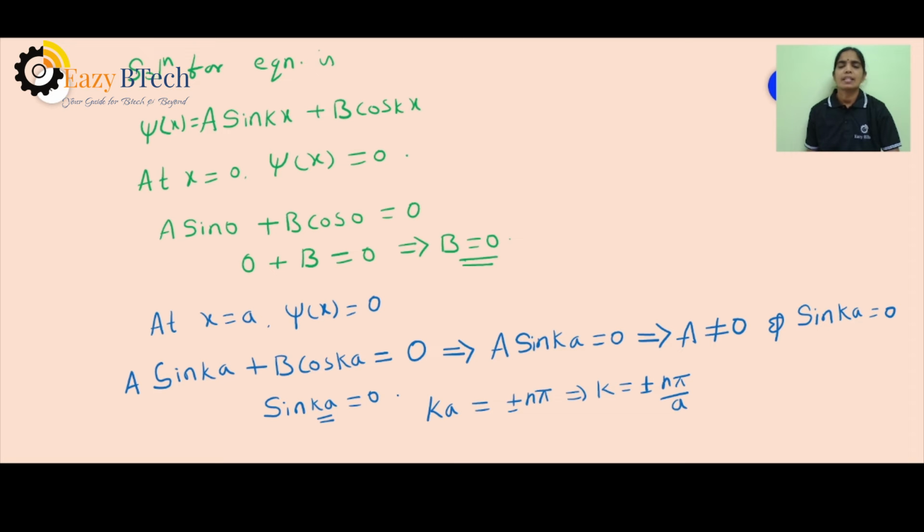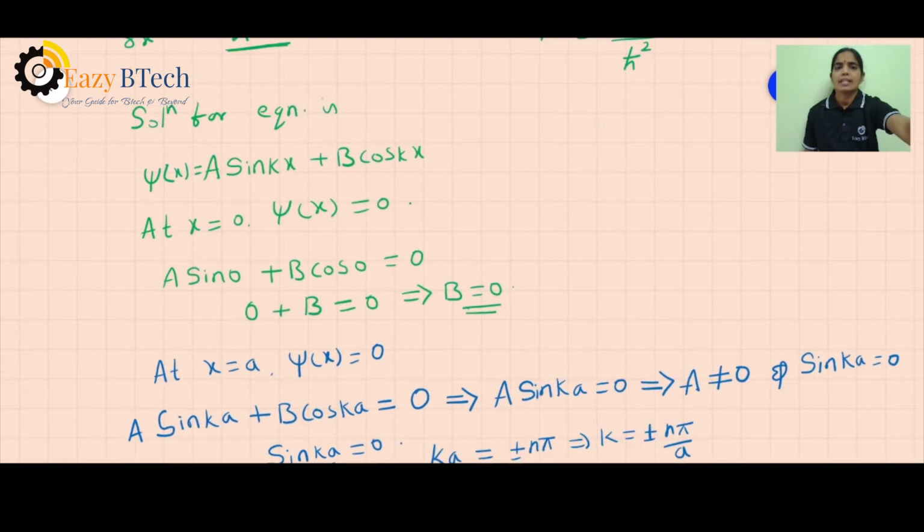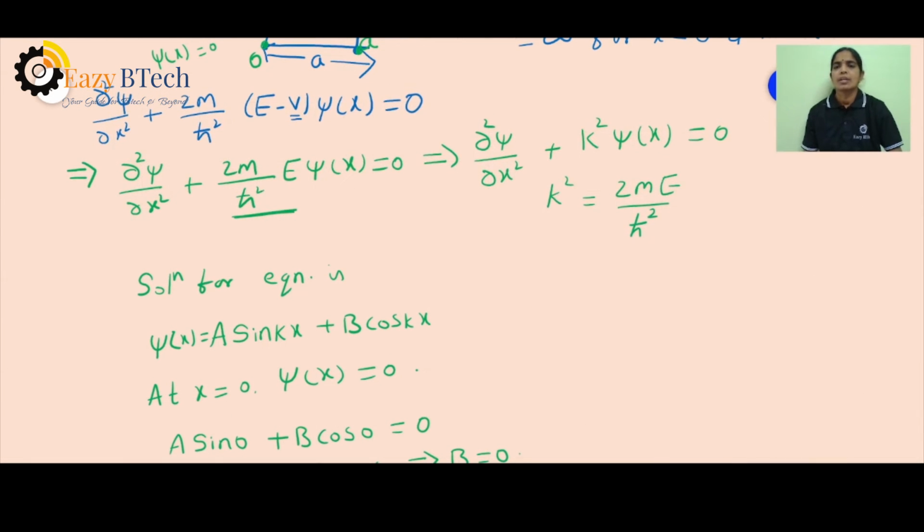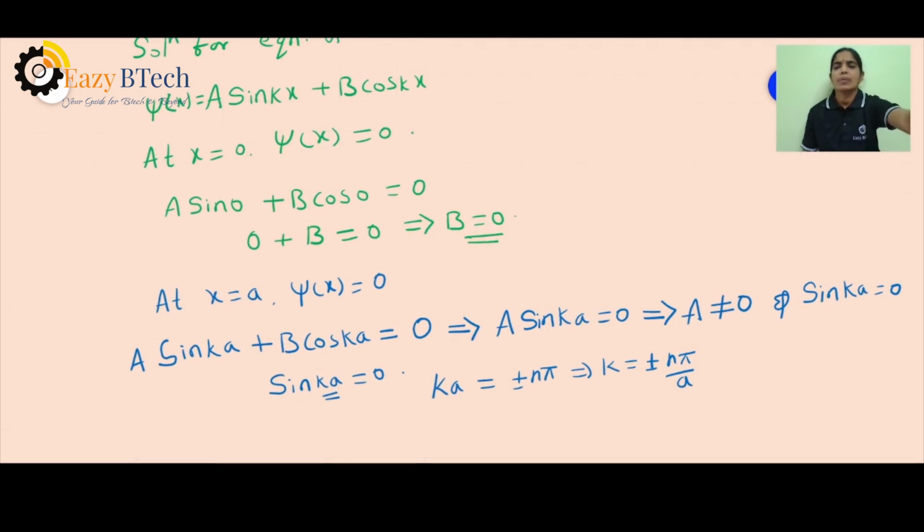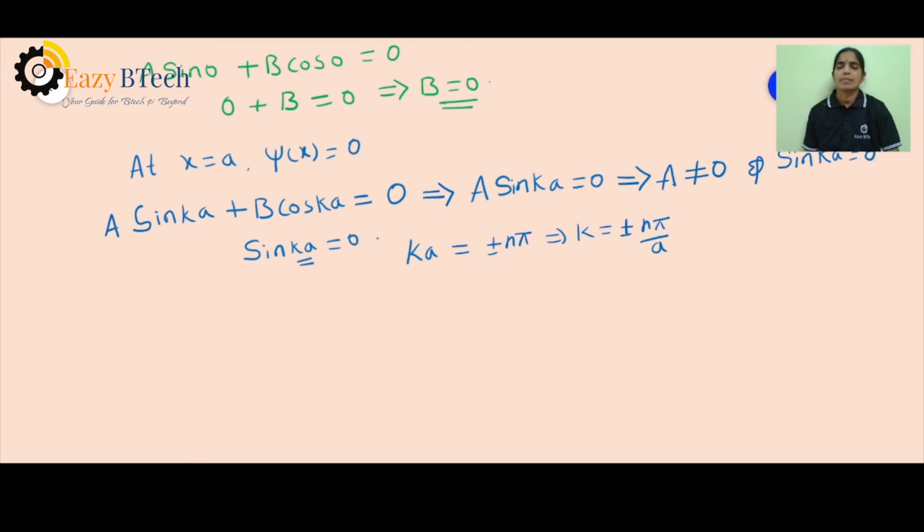But already we have seen in the previous case that our k square value is given as 2mE by h cross square. Now our k square value is n square pi square by a square. So we need to equate both of them. So k square equal to n square pi square by a square is equal to 2mE by h cross square. Already I told you in the previous session that h cross is equal to h by 2 pi.